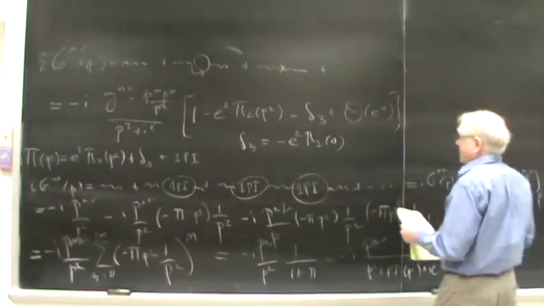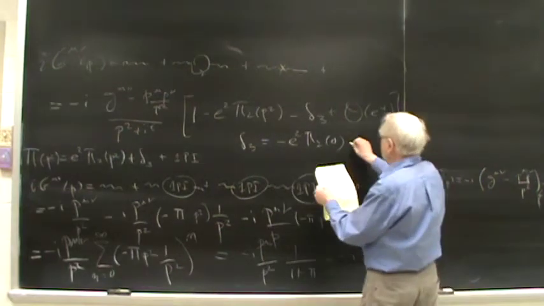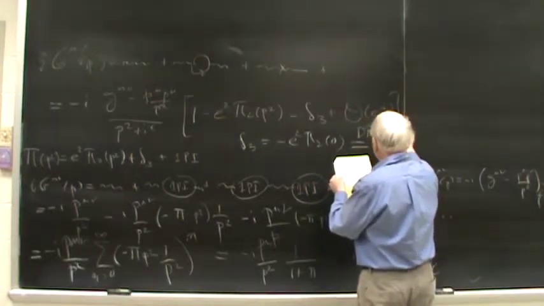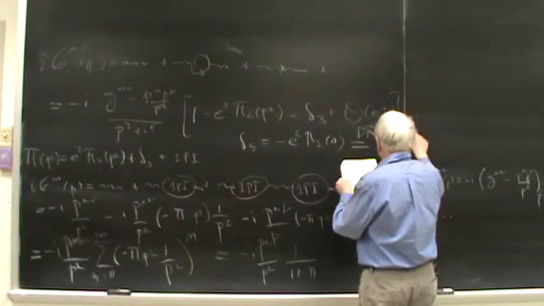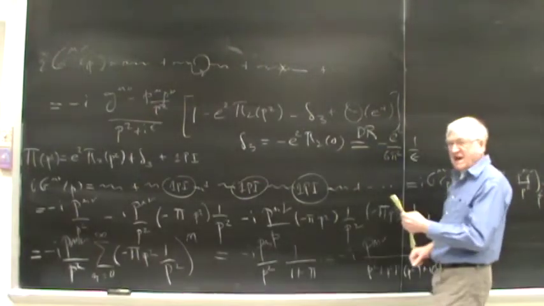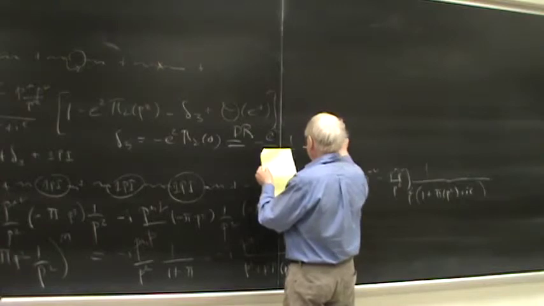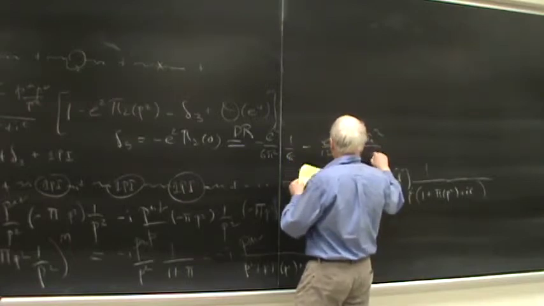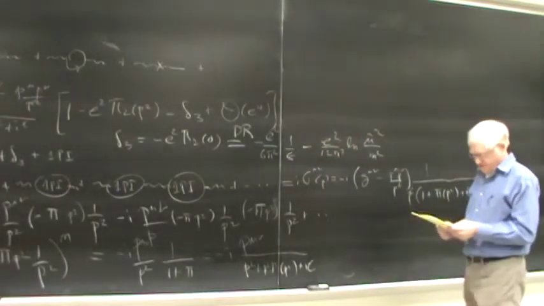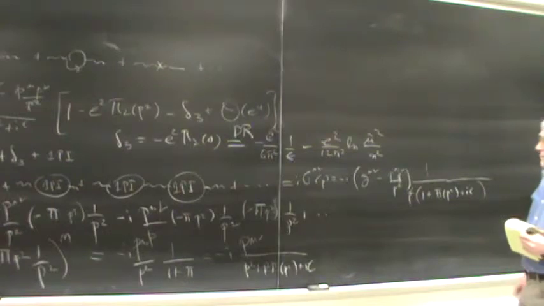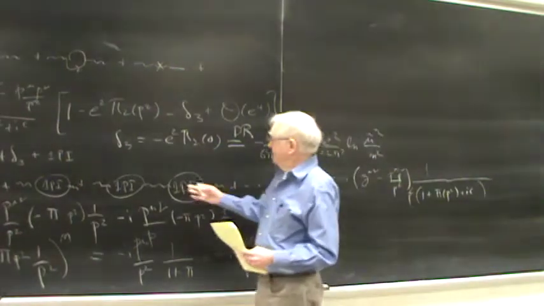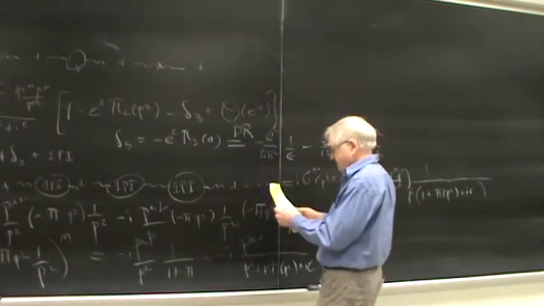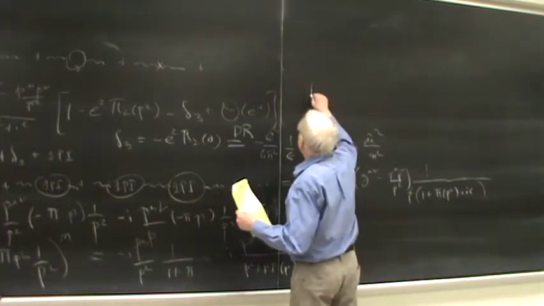And now this condition in dimensional regularization is minus e squared over 6 pi squared, 1 over epsilon, minus e squared over 12 pi squared log mu tilde squared over m squared. So that's the delta 3. And now, if we then, in dimensional regularization, set delta 3 equal to this, so that these terms of 1 over epsilon cancel, what do we get as pi of p squared?